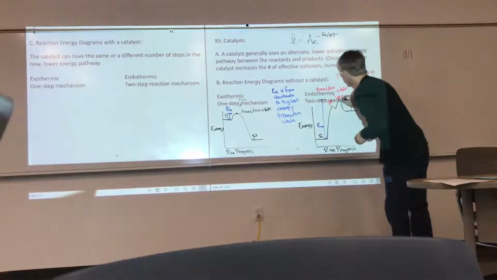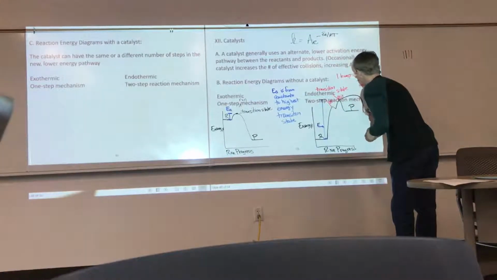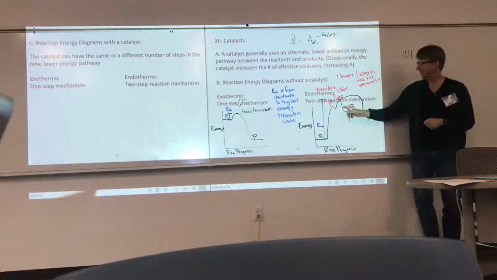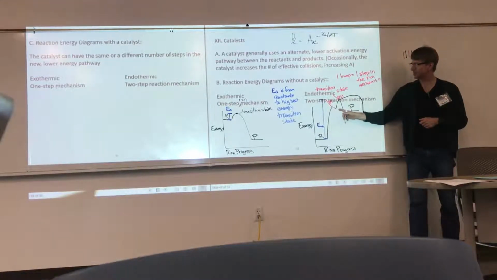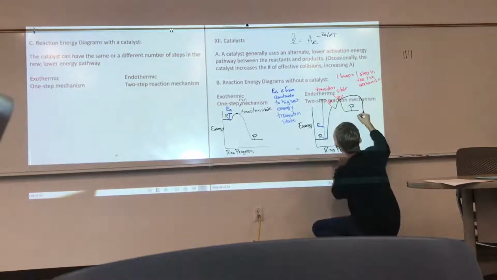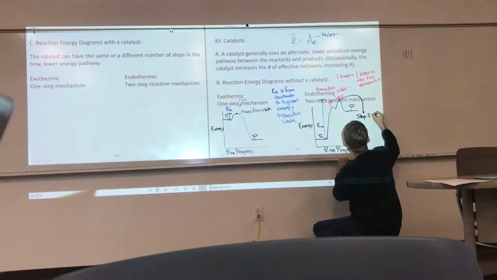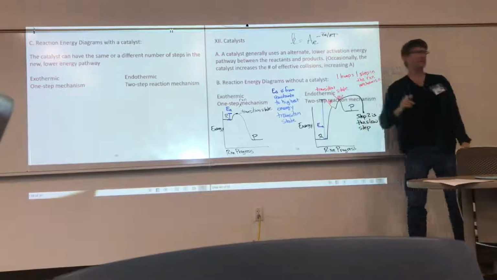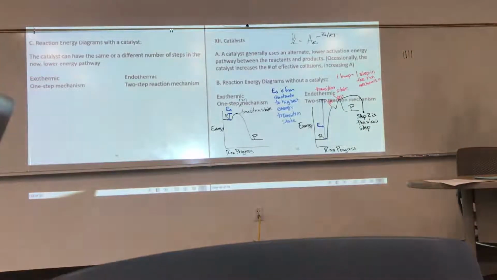So, here, of these two, what we would say is step 2 in the reaction mechanism is the slow step, because it has the highest energy transition state.